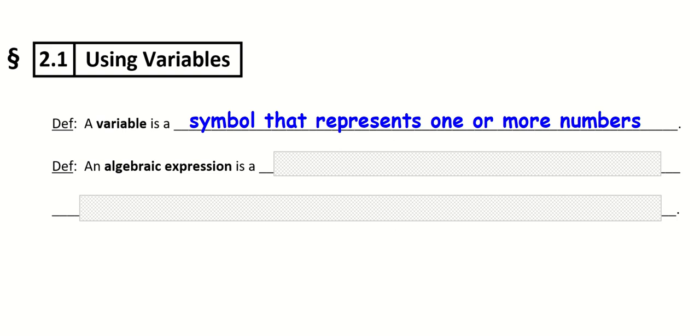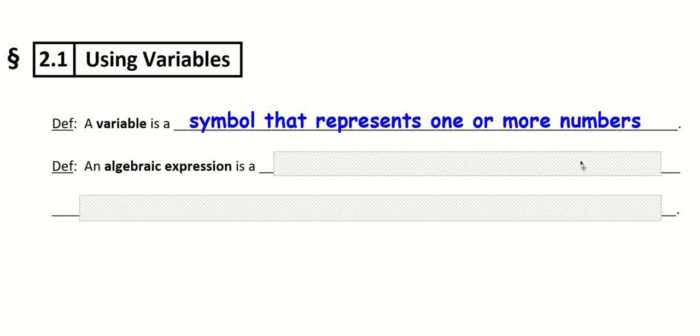Remember, sometimes with a variable, there's literally only one number that variable could be, like in disguise. Or sometimes we put a variable in a spot where it could be open-ended, like almost any number you want.